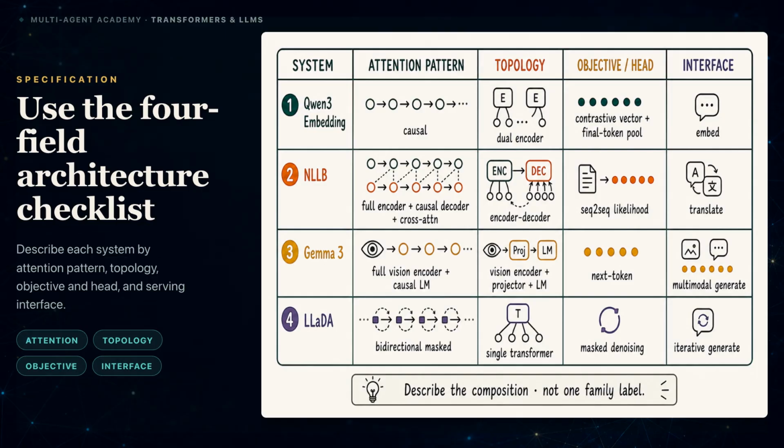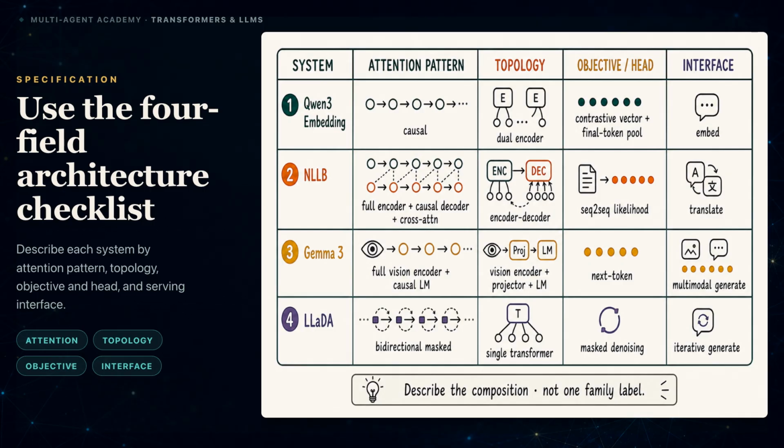Return to the board as a checklist. Each row describes one system with 4 fields. First is attention pattern: full, causal, cross-attention, or masked bidirectional prediction. That field is a rule for information flow, not a family label. Second is topology: dual encoder, encoder-decoder, or a modality encoder joined to a language model. Third is objective and output head: contrastive vectors, sequence-to-sequence translation, next token prediction, or iterative denoising.